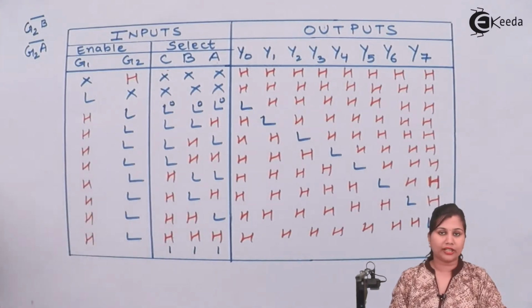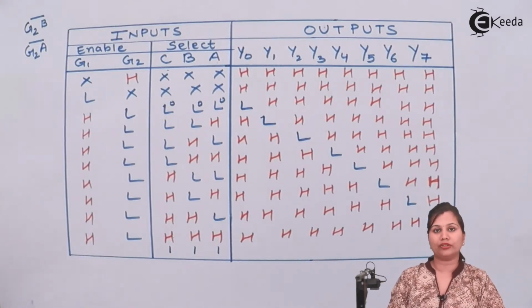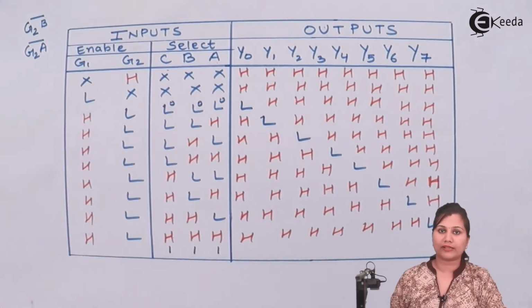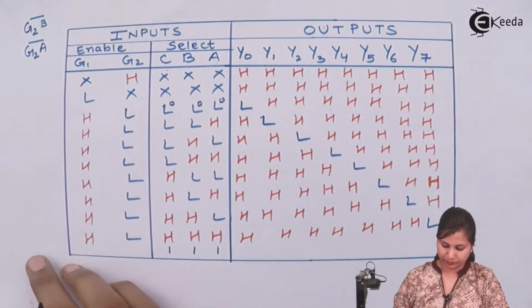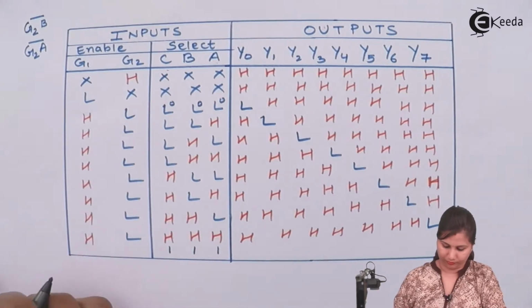This is the working of a decoder: it decodes the combination of inputs and then gives us the corresponding output. Now the next type of logic device which we are going to study is the encoder.